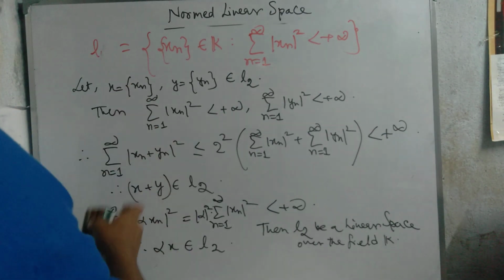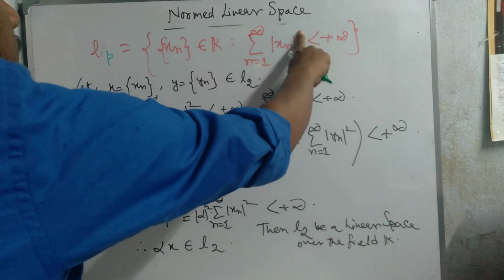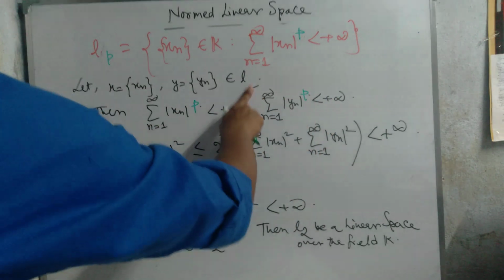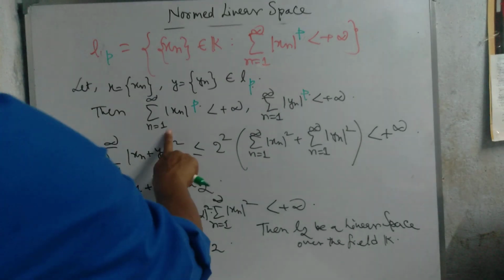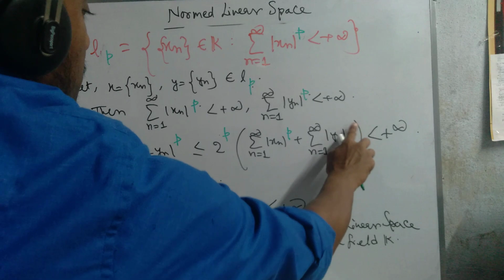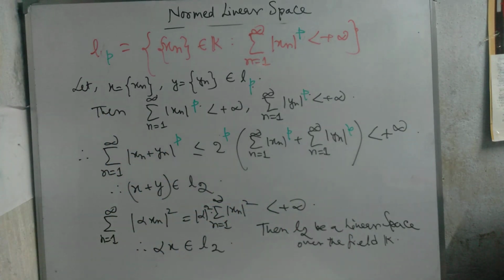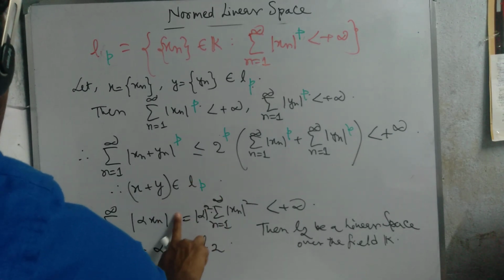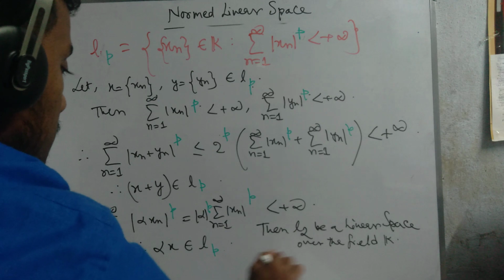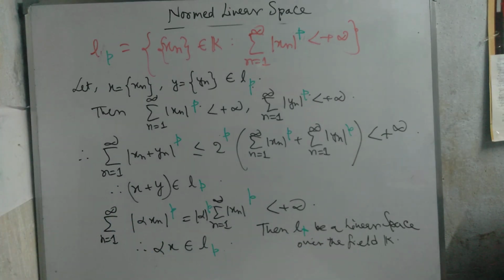Now we also discuss the same portion. Obviously, if we write LP, with P here and P here, by this lemma, then LP is a linear space over the field K. So for 1 less than or equal to P less than infinity it is a linear space.